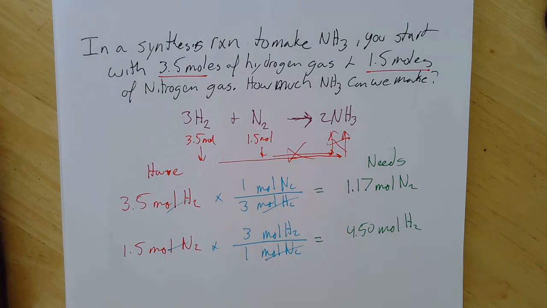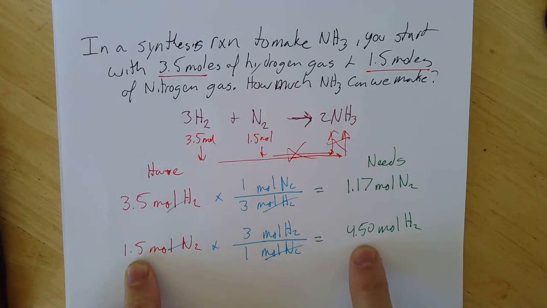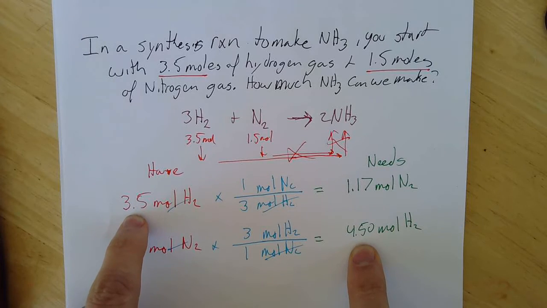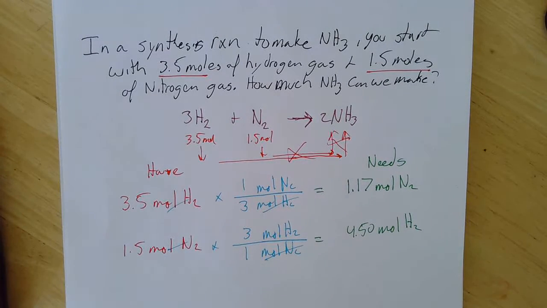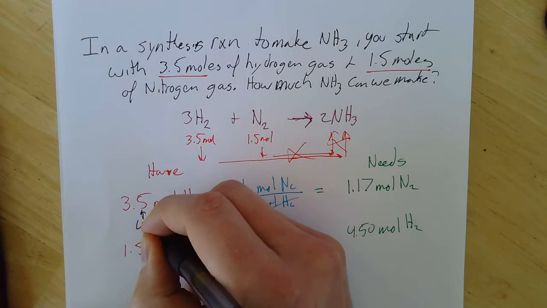Do the same thing with the other numbers. If I used up all of that, 1.5 moles, I would need 4.50 moles of H2. Do I have 4.50 moles? Turns out I don't. And so what we just figured out is this guy right here we call the limit.